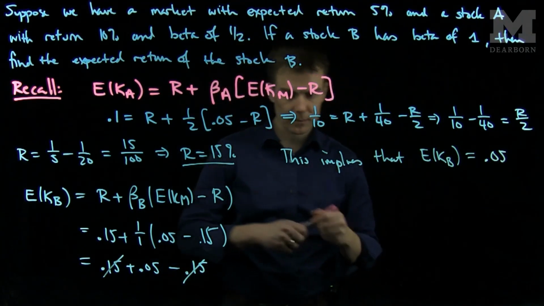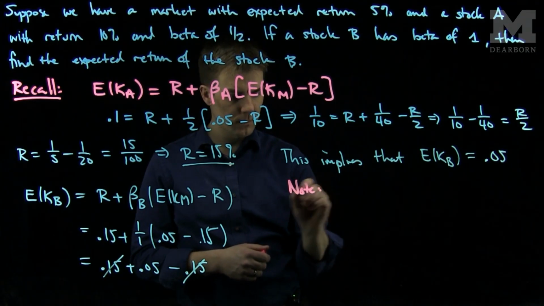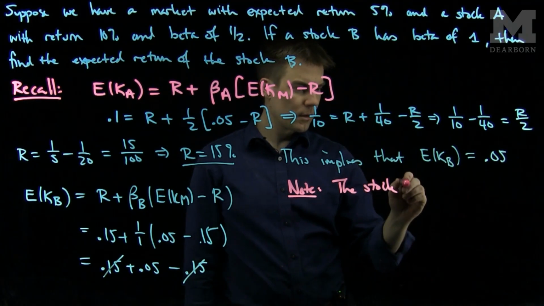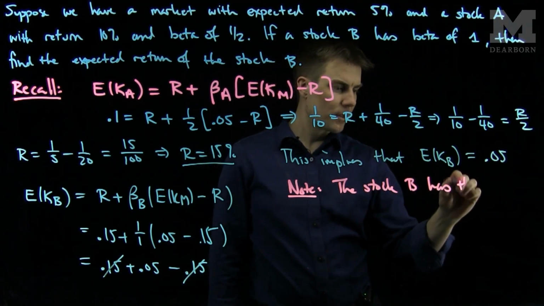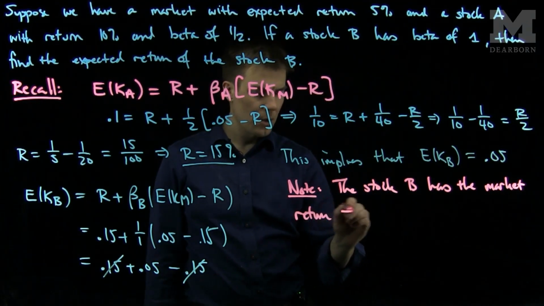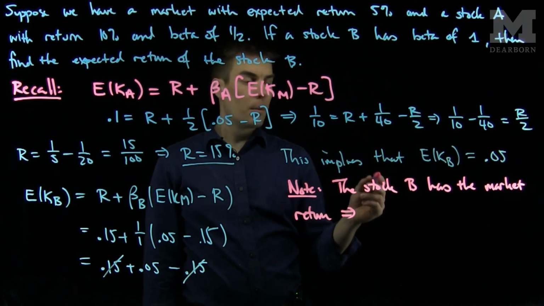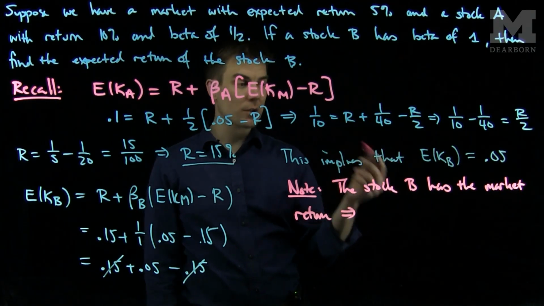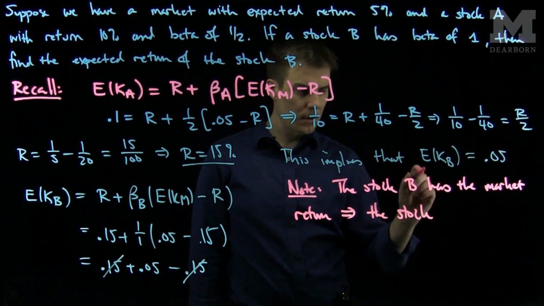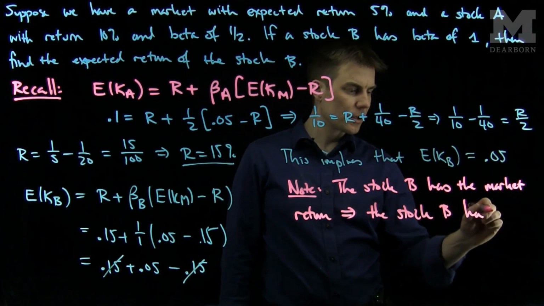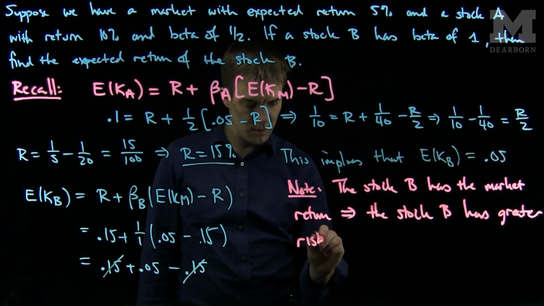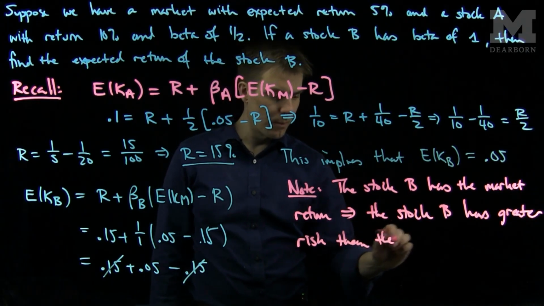So note, the stock B has the market return, which implies that the stock B must have variance, or risk, which is larger than the market. So the stock B has greater risk than the market.